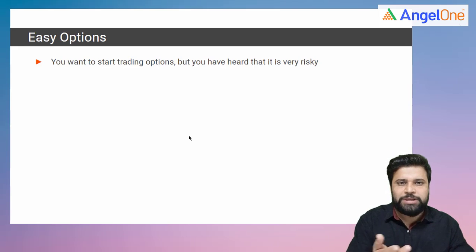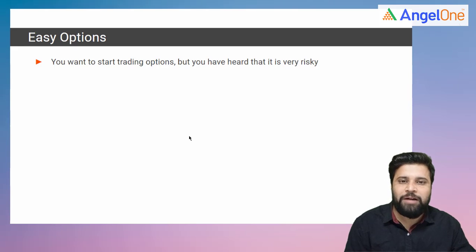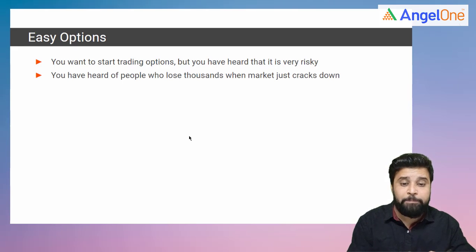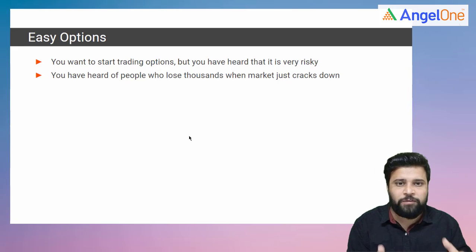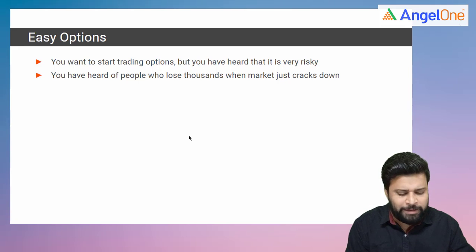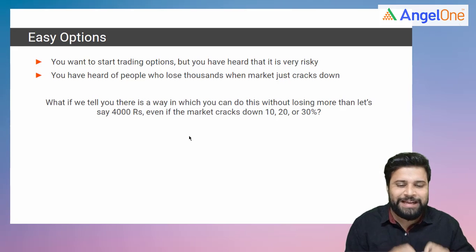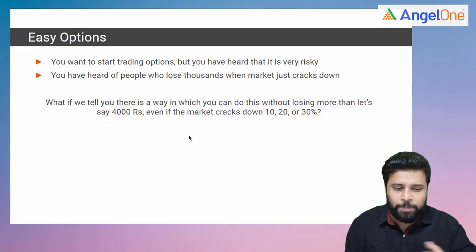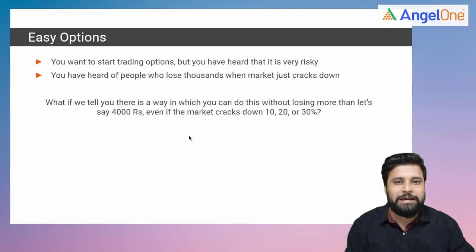So you want to start option trading, but you have heard that it is very risky and people lose thousands of rupees if the market cracks down. What if I tell you there is a way in which you can trade options without losing more than, let's say, 4,000 rupees, even if the market cracks down, let's say 10%, 20% or 30%?